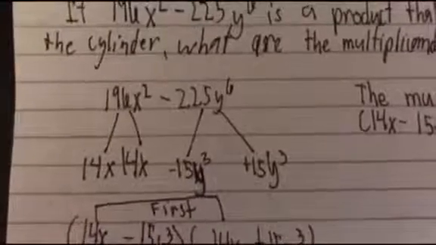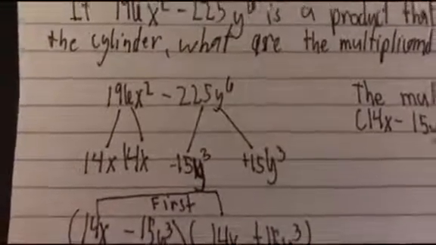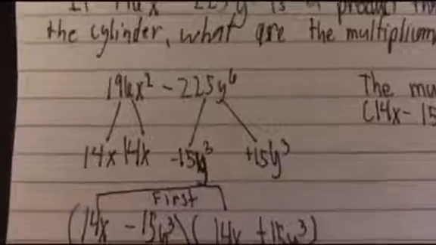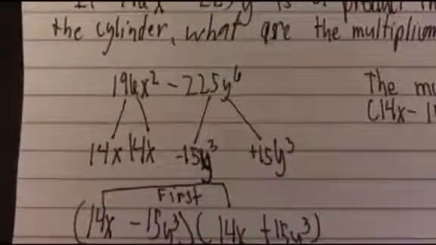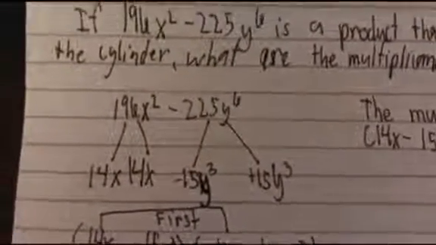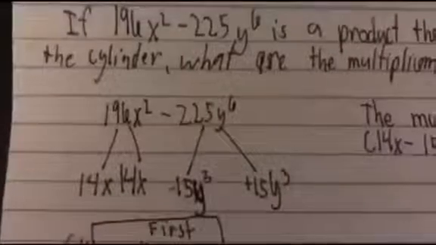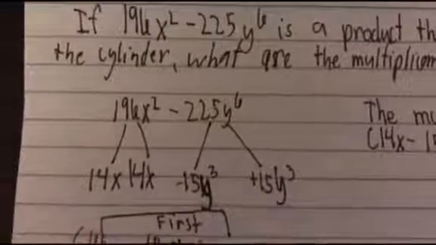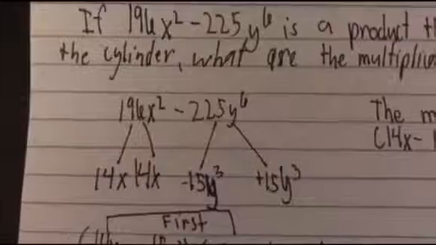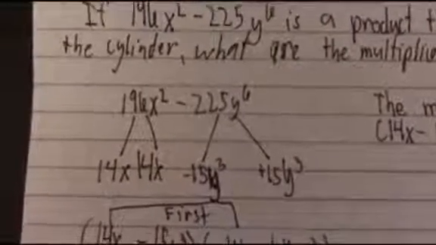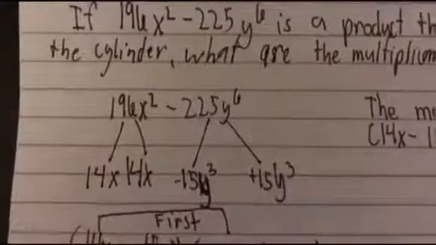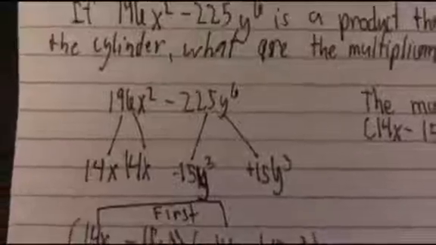Here we will have different signs, a negative sign and a positive sign, because our product here is negative. We need to have different signs.